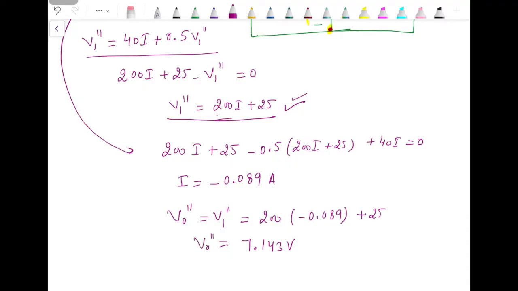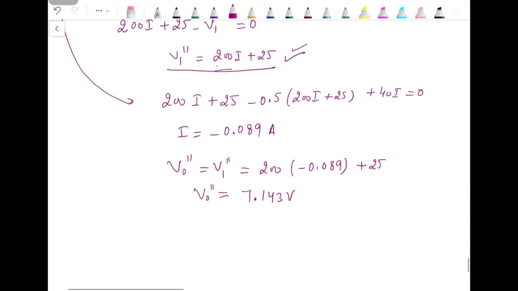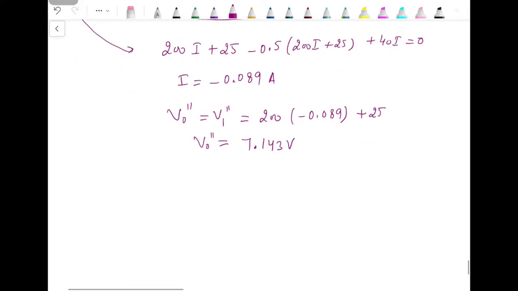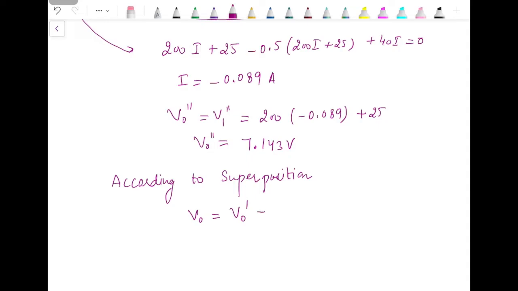Now we found two values of V naught. According to the superposition theorem, voltage V naught is the algebraic sum of two voltages, that is V naught dash and V naught double dash.